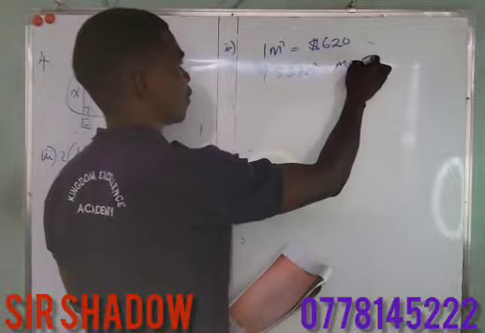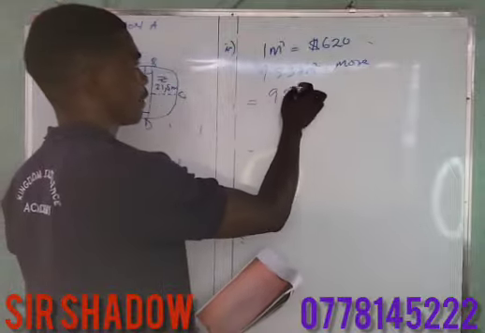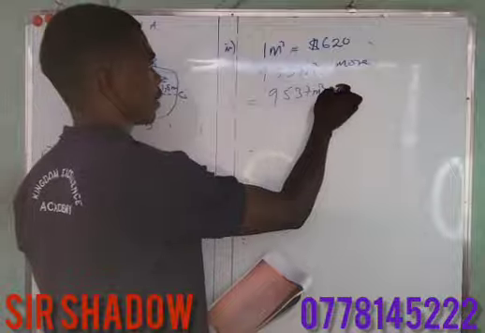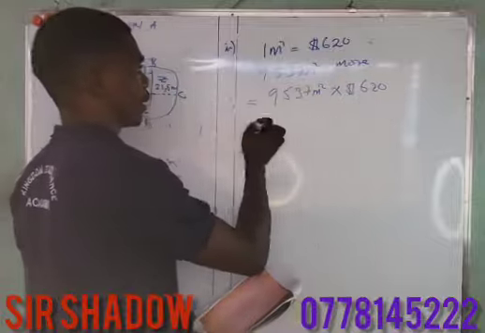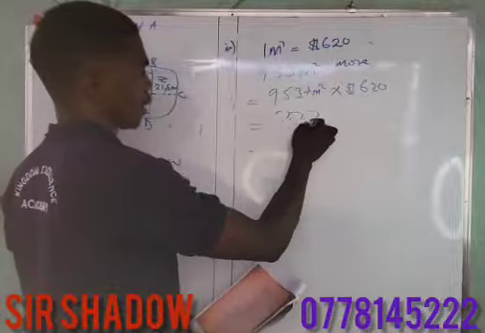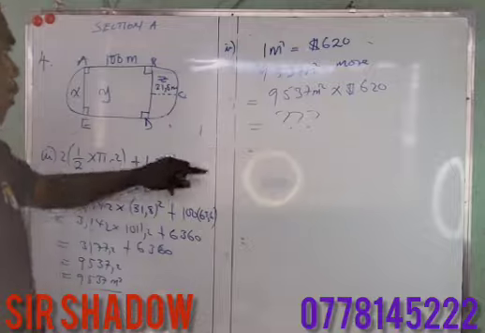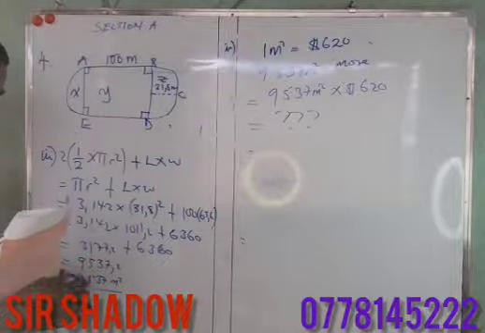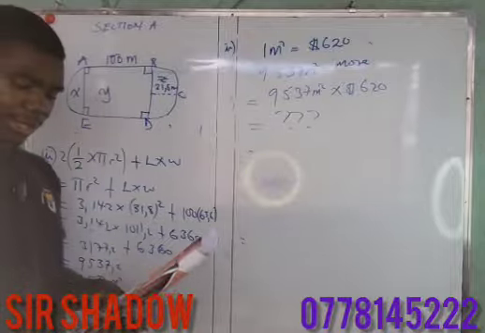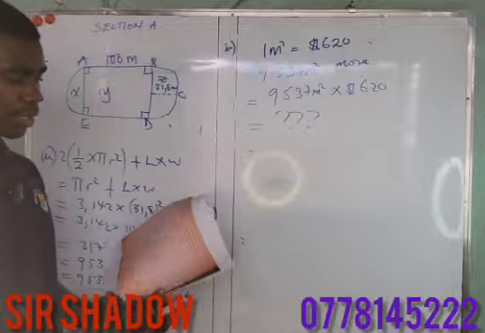It becomes more. So just multiply 9,537 square meters by 620, then you will get the amount that will be charged for covering the whole field with grass.